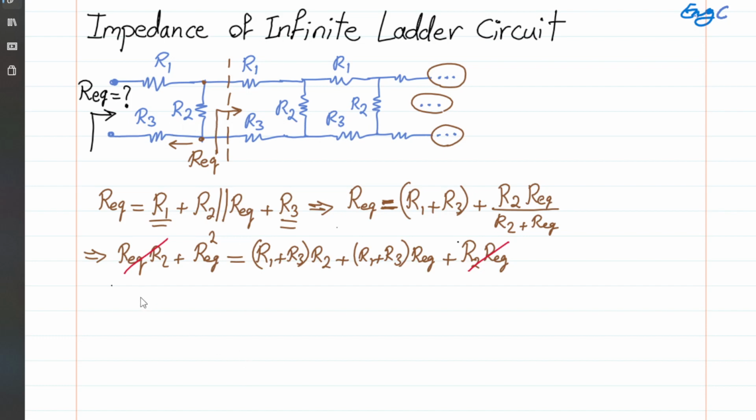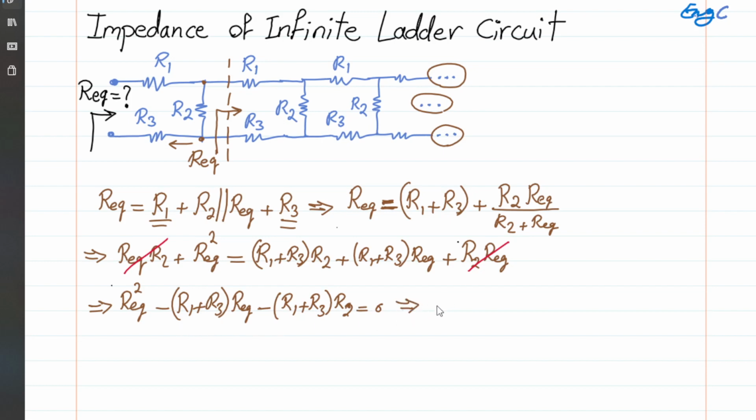As a result, I'm getting R equivalent squared, and I can bring this to the left side, so I have R1 plus R3 times R equivalent, and I can do the same thing with this. I have minus R1 plus R3 times R2, equal to 0. We got to something that is just a second order equation.